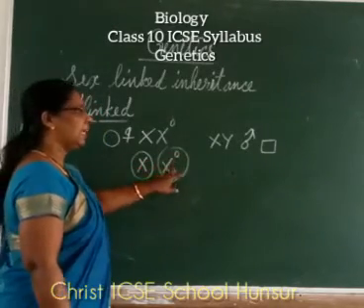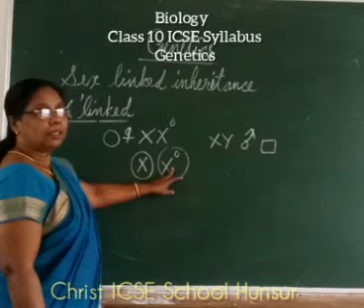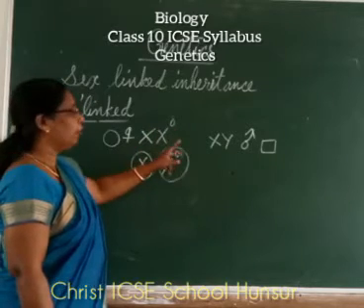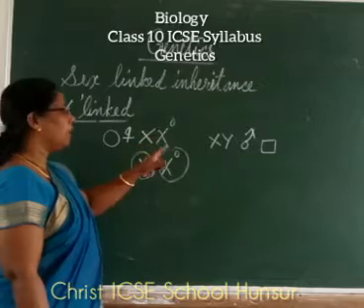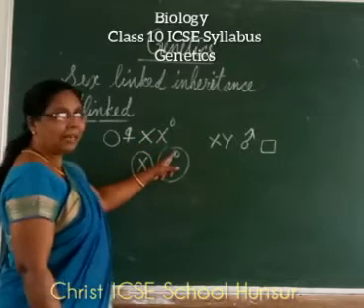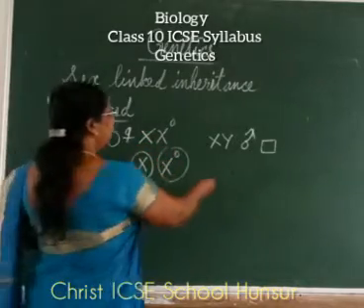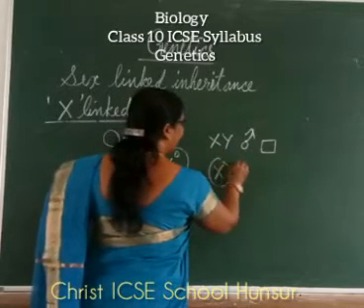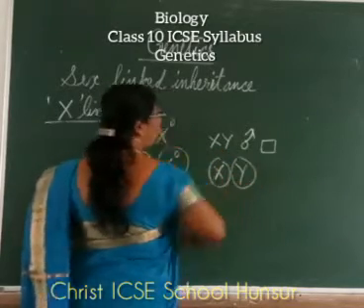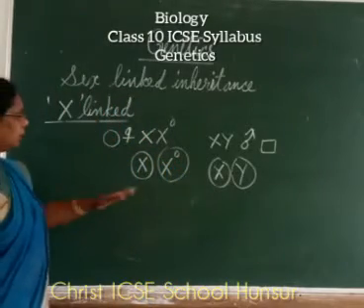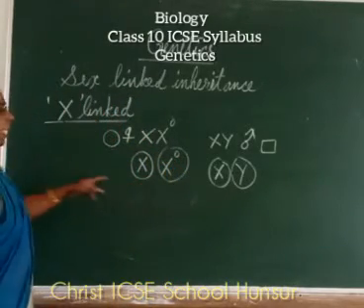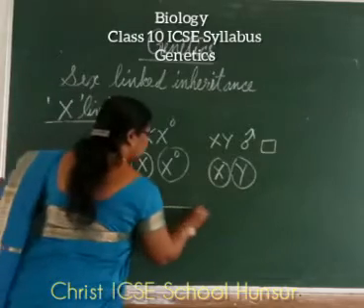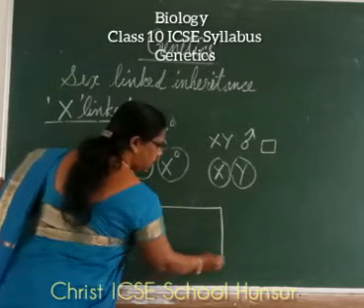That means this X carries the gene for the disease that is causing what? Color blindness. Here you can see the father, normal X and normal Y. Understood? Now let us see what is the possibility.